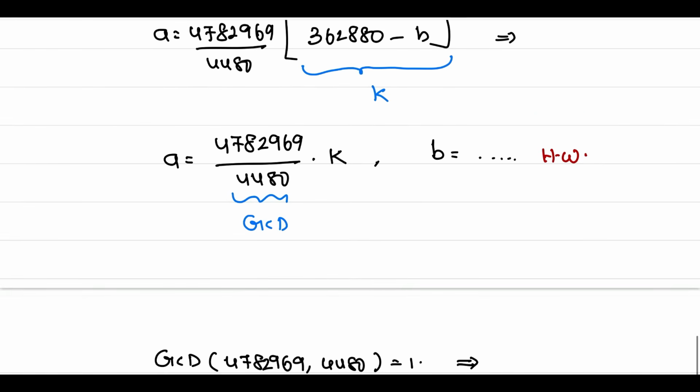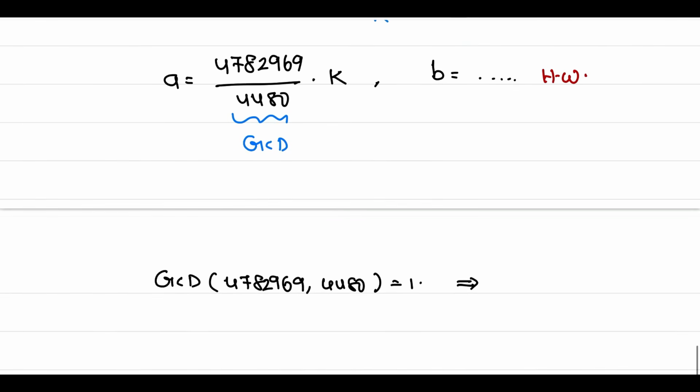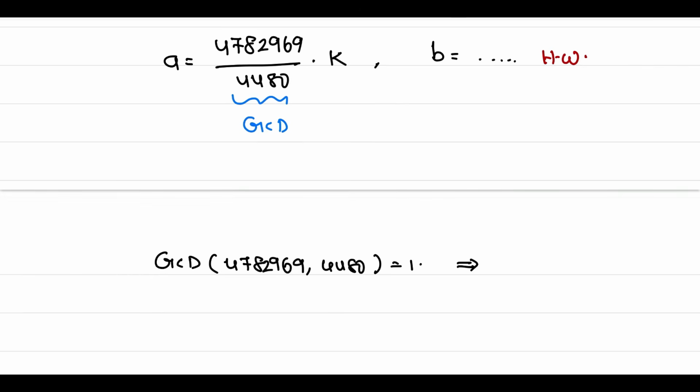When GCD is 1, then K is equal to some value M into 4480. Because A is a positive integer, K must be divisible by 4480, because 4782969 is not divisible by 4480.